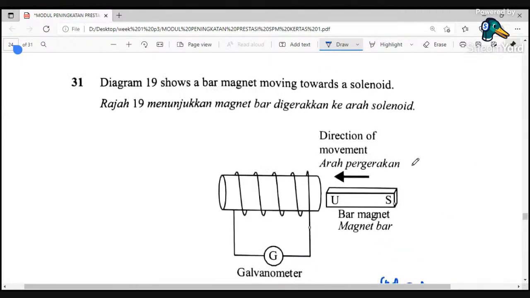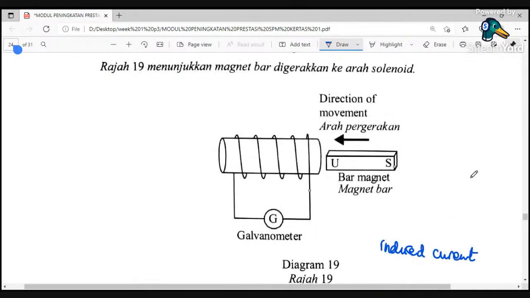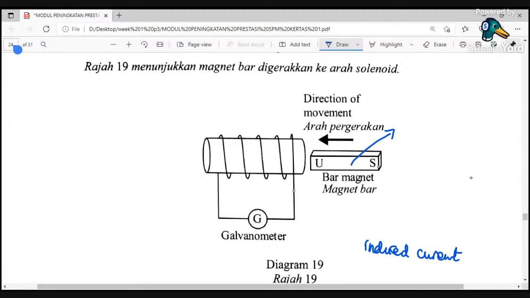So if you want to increase more cutting of magnetic flux, you look at here, what we have here? Magnet. Magnet yang banyak flux, magnet apa? Stronger magnet. Magnet yang lebih kuat lah. Jadi magnetic flux dia lebih banyak line. Jadi kalau you bawa dekat dengan solenoid, solenoid akan cut more lines.